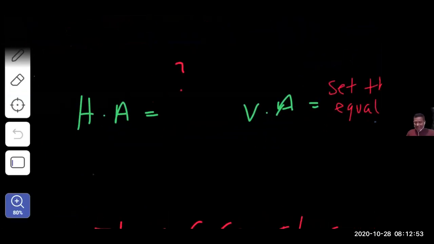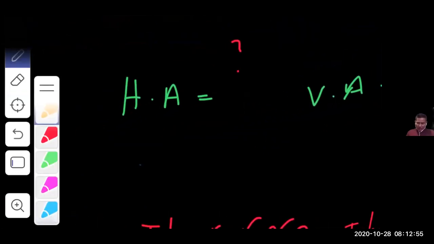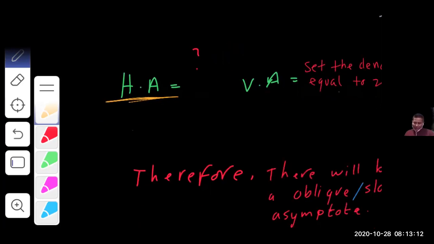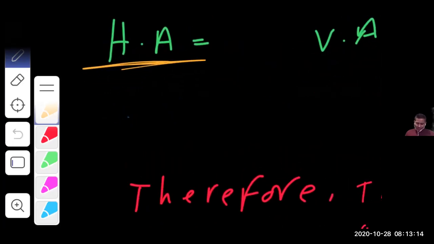What is the thing that does change, guys? That always changes according to the case: the horizontal asymptote. In the first case it is one thing, in the second case it is another, and in this case it's going to be another thing. Let me tell you about the horizontal asymptote.